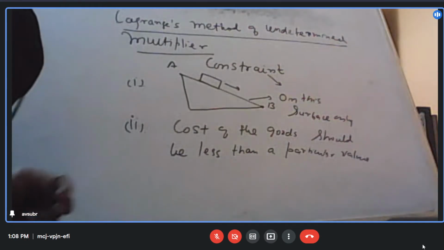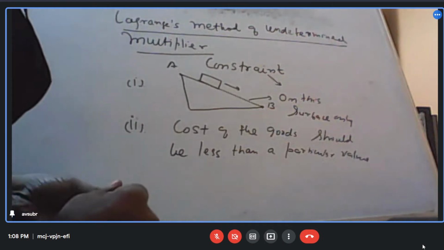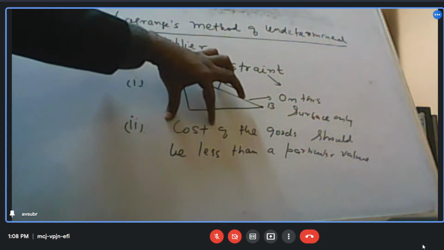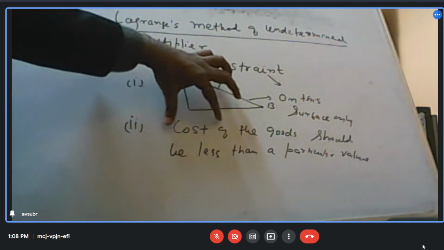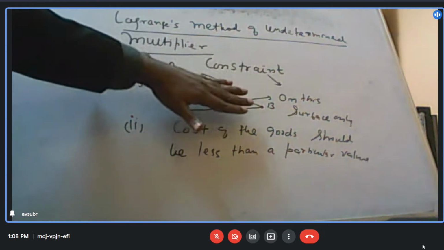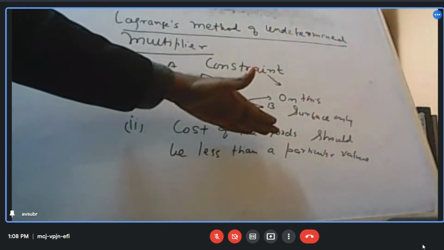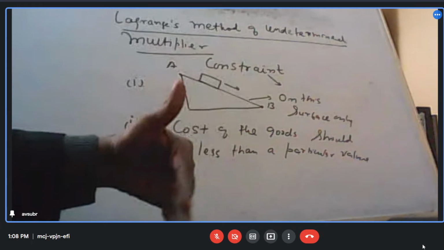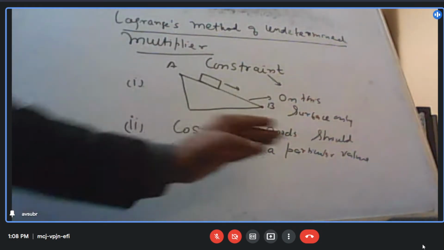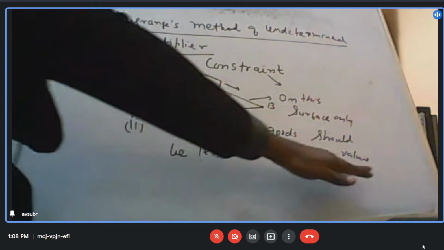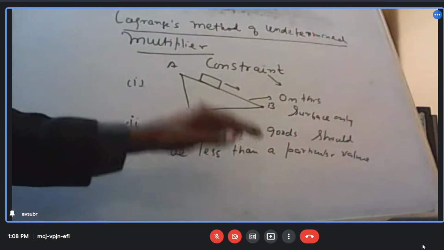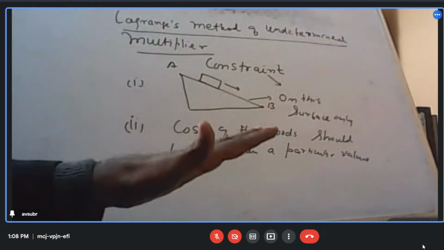Now you have to have minimum cost. At the same time, the maximum cost of the goods should be less than a particular value. So this particular value is your constraint, your restriction.